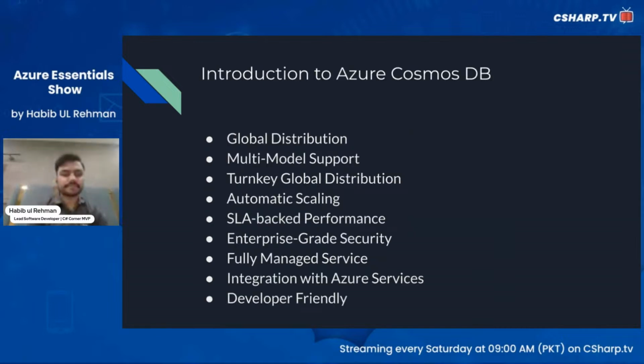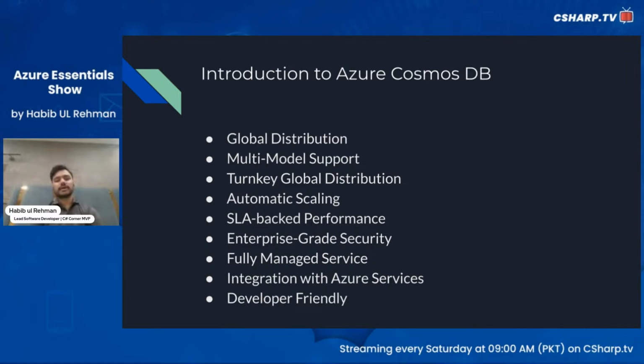So let's start this. First of all, Azure Cosmos DB is a globally distributed database provided by Microsoft Azure. It provides global distribution and it has multi-model support. You can use different APIs for different models using Azure Cosmos DB.